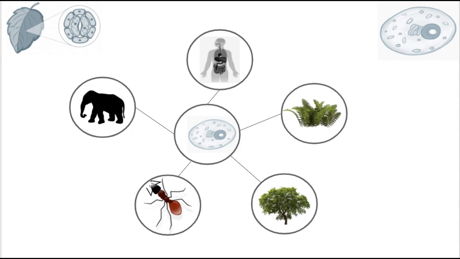It may be an ant or it may be an elephant. The body of an elephant is made up of continuous layering of different cells, the same way an ant, a human being, a plant, a big tree, all the living organisms are constructed of small cells.